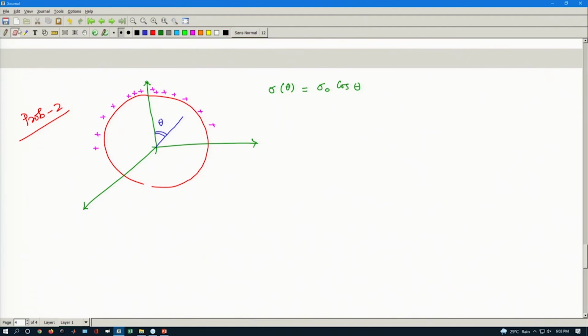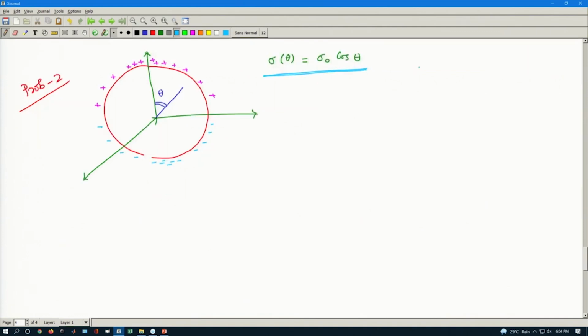On the other hand, the negative charge, let us put this color, is concentrated here, and gradually it is reducing and no negative charge here. So, obviously, you can see there is a charge distribution here, because the surface charge is distributed in this form.